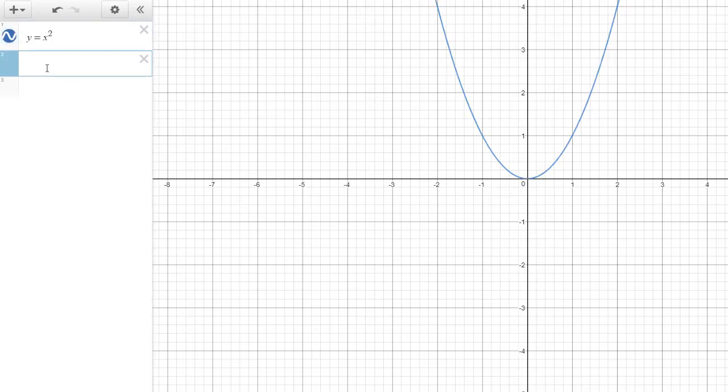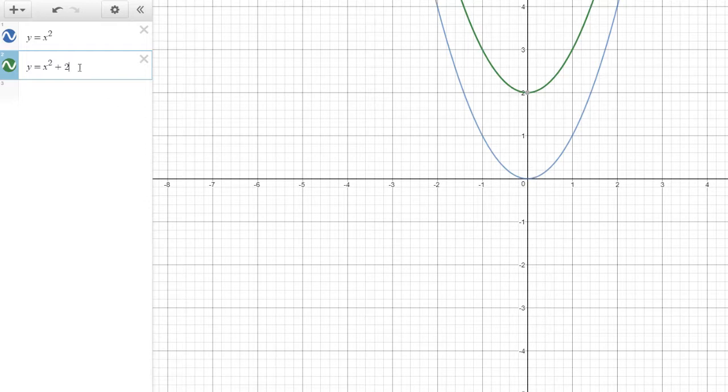We're going to make it y equals x squared, and we'll add in a value. Now we could add in the value 2 so that it looks the same as the example we did. So if I put in y equals x squared plus 2, you can see it's taken this graph here and just shifted it up the y-axis.